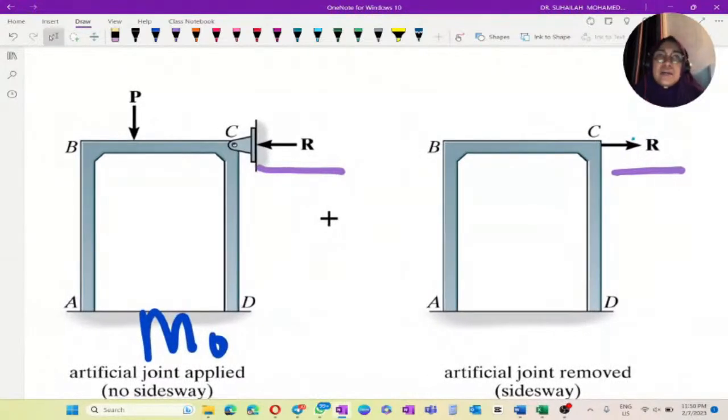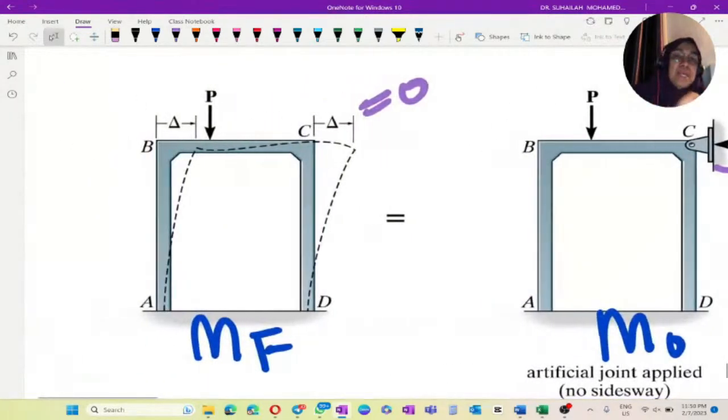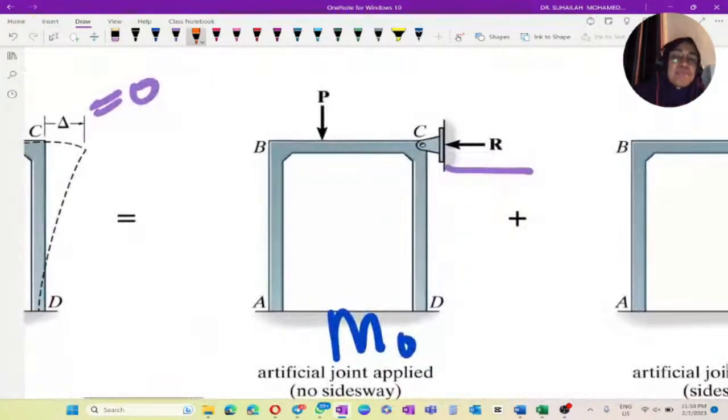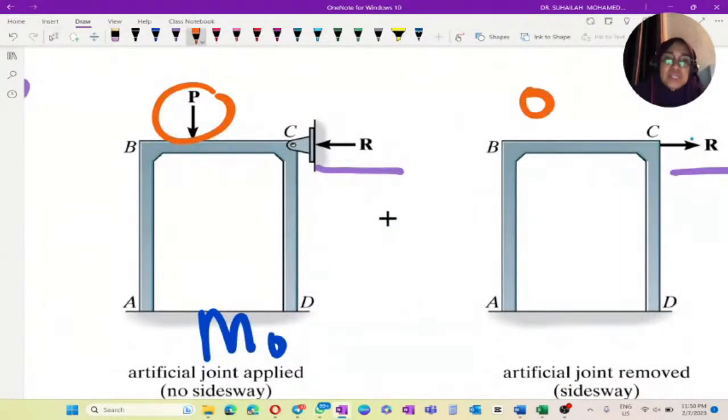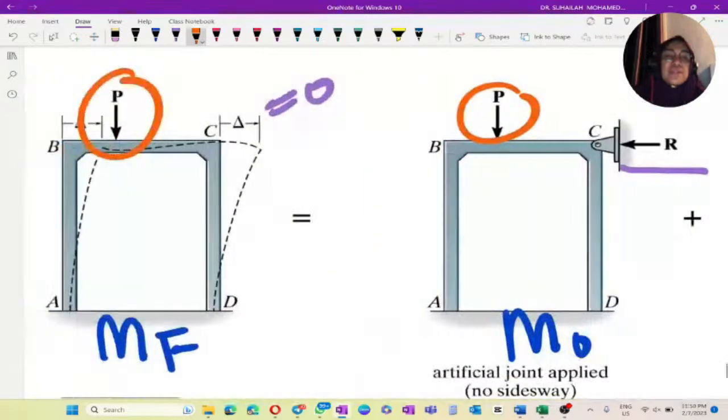Then, fulfilling the principle of superposition, to get P, it is P plus 0. So here is 0, so P plus 0 is equivalent to P.